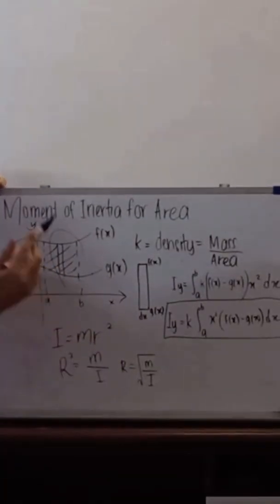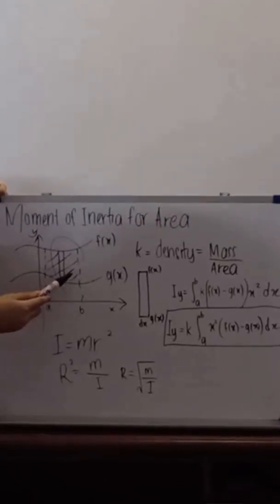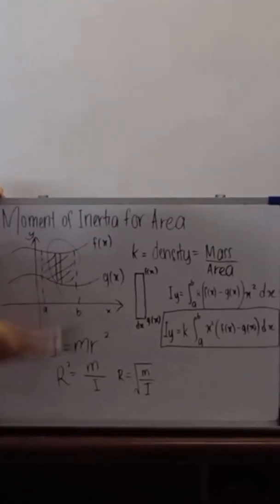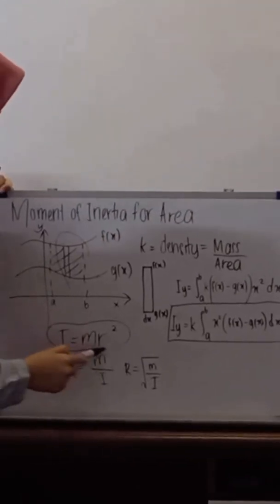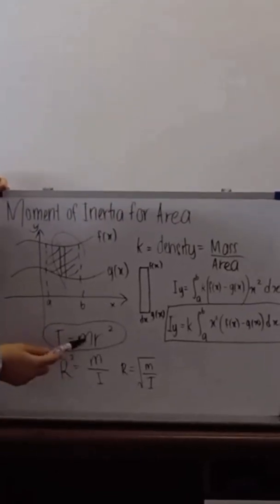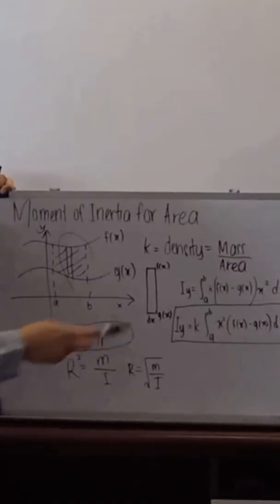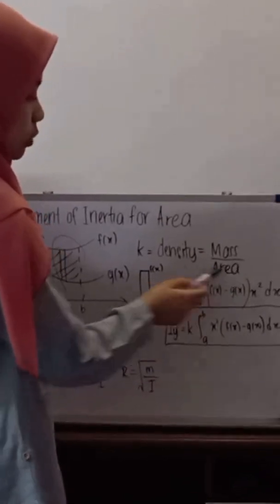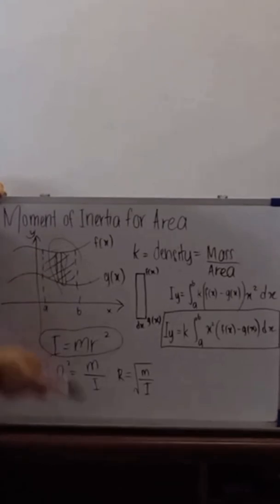So, in order to get the moment of inertia for this, we need to calculate using this equation, which is I equals mr squared. So mass, how are we going to take the mass? We are going to take the mass by multiplying the mass over area, which is density, with the area of this strip.